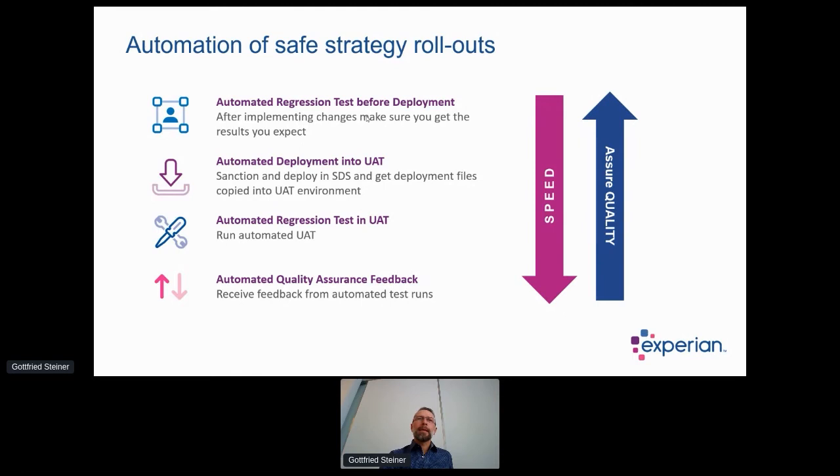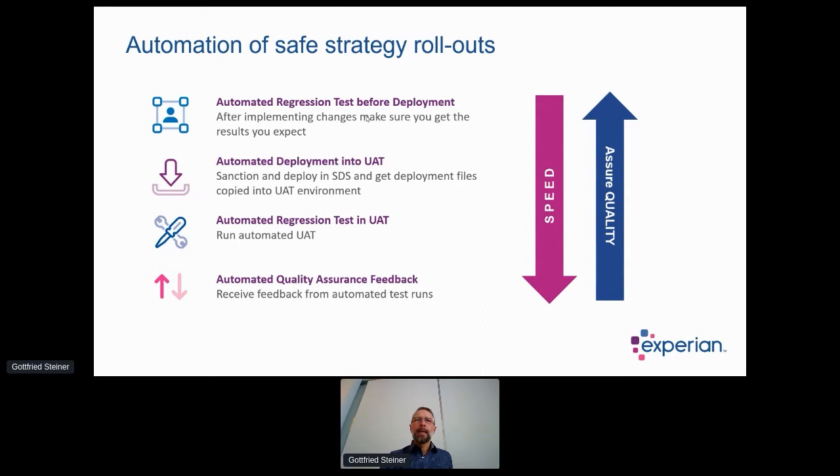What is then a further step in automation is that you can automate deployment into the user acceptance test environment, and this is made available in PowerCurve Strategy Management, as well as the third part here with automated regression testing, even in the user acceptance test environment. We have tools available which can trigger this process as well, and even allow you to compare before-after files, and even allow you to integrate other tools you already might use for those purposes.